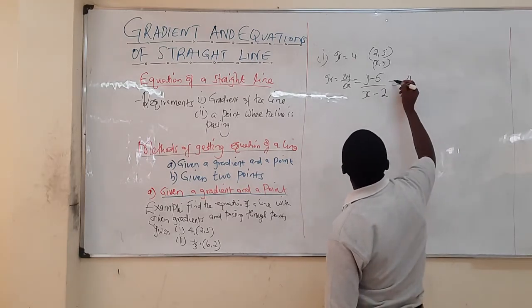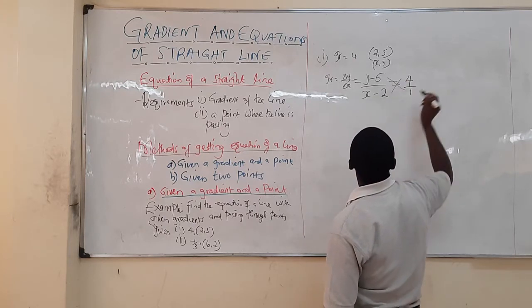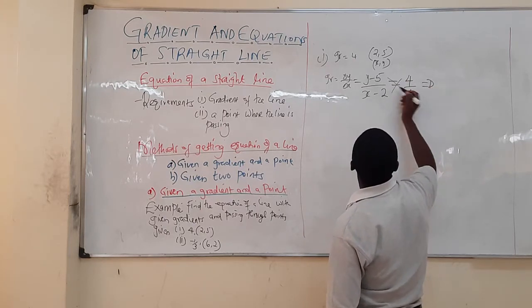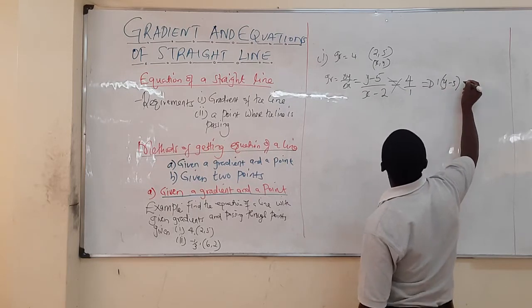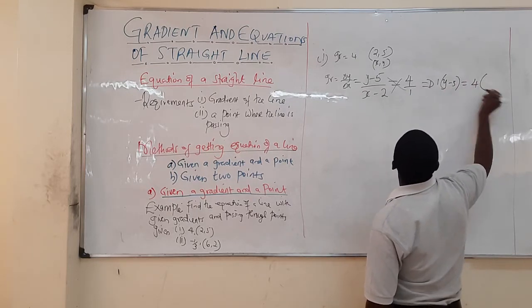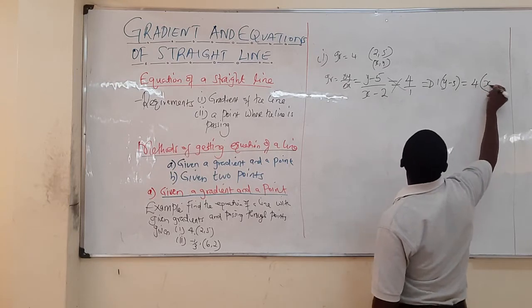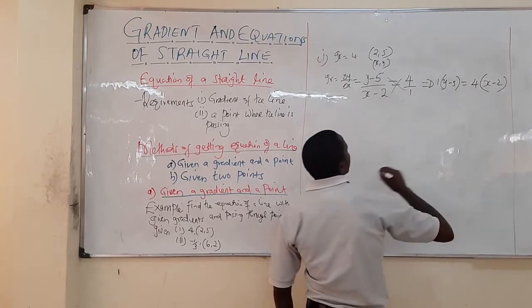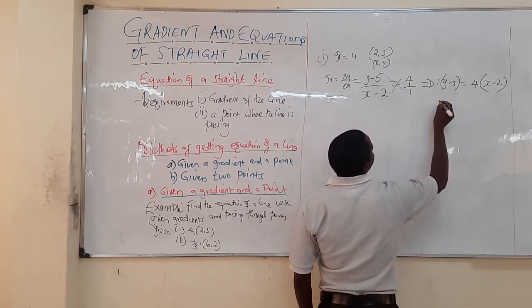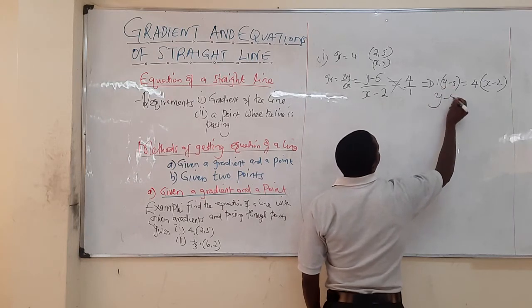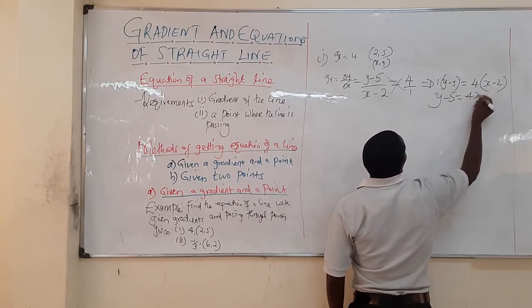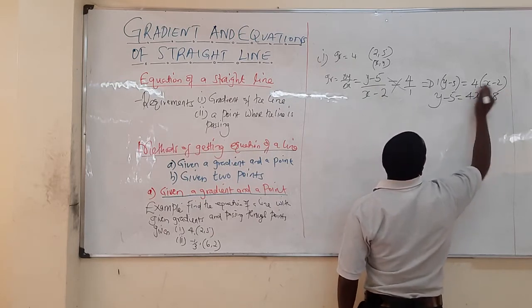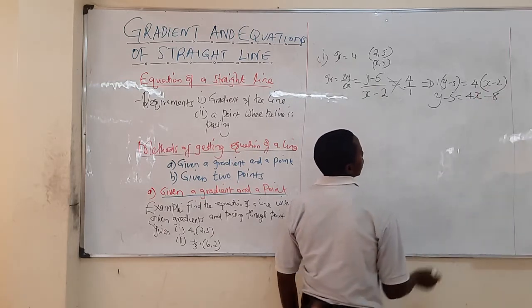From there, we can cross multiply and have 1 times (y minus 5) equals 4 times (x minus 2). So y minus 5 equals 4x minus 8, since 4 times minus 2 is minus 8.